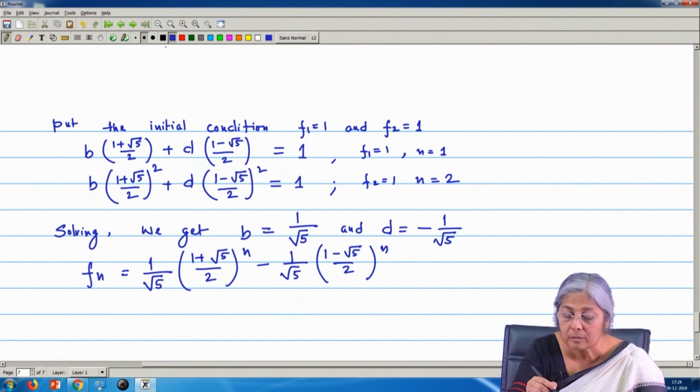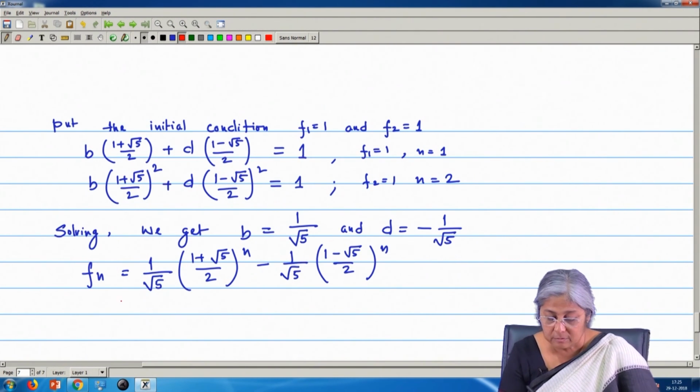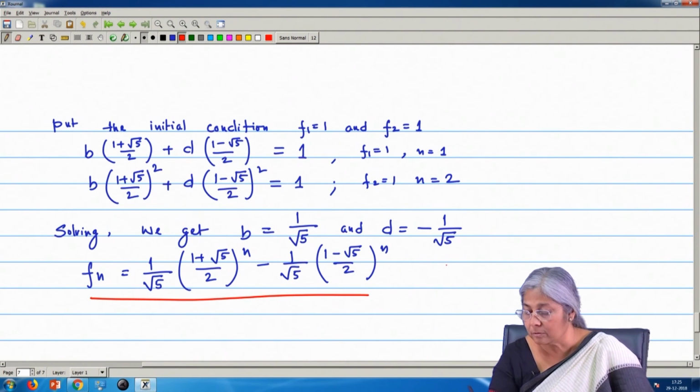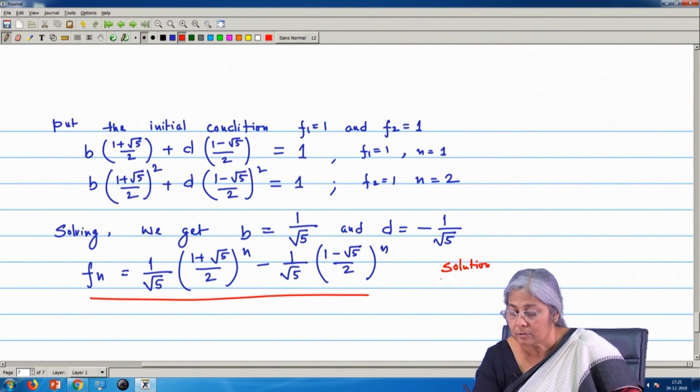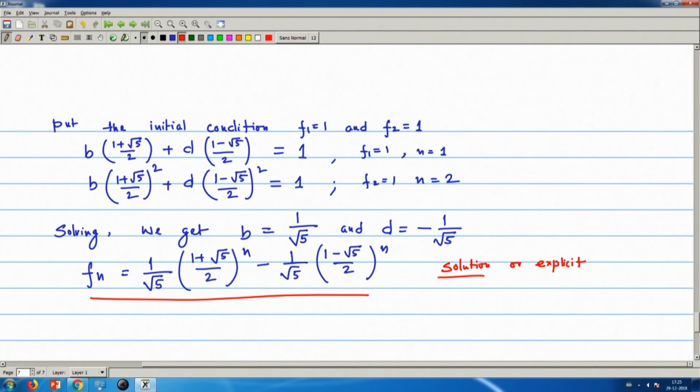So, this is the explicit formula for Fibonacci numbers.